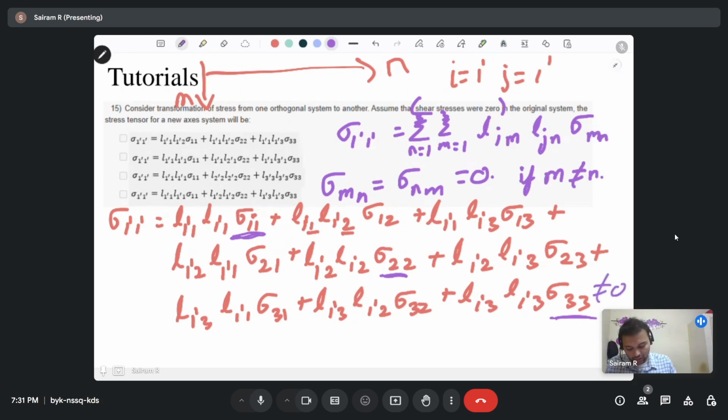Every other value is 0. So we can write 0 0 0 0 0 0. This makes our life easier. Only the values across the diagonal are not 0.